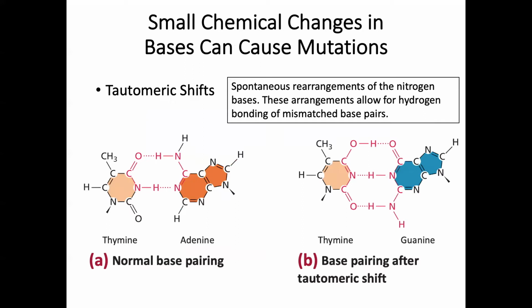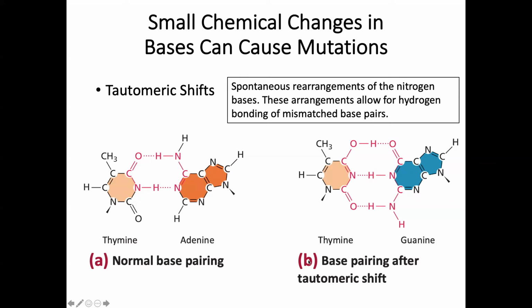This slide shows another cause of spontaneous mutations. The name showing here is called tautomeric shift, okay? So in figure A showing here, we learned that a normal base pairing between A and T contains these 2 hydrogen bonds, okay?